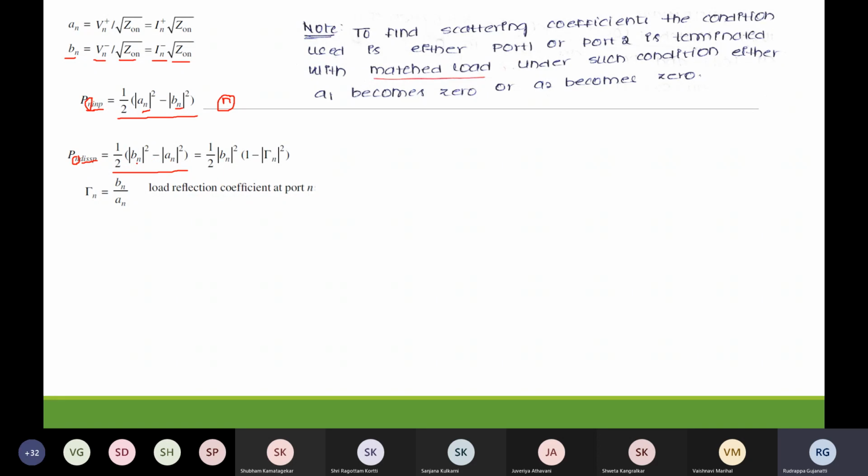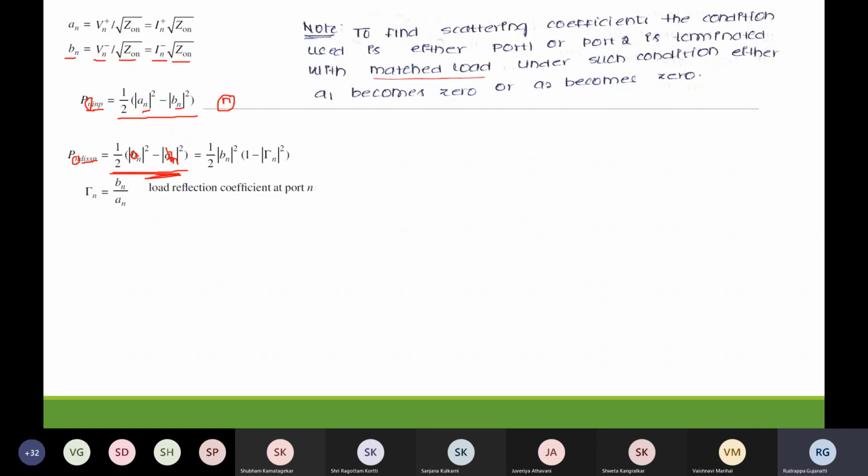When I take bn common, I'll have the reflection coefficient representation over here. That is what they have represented in this case. A slight correction: actually, here the dissipated power will be given by this equation.